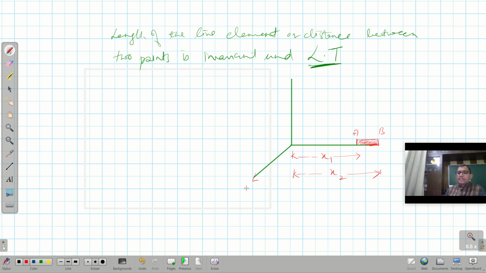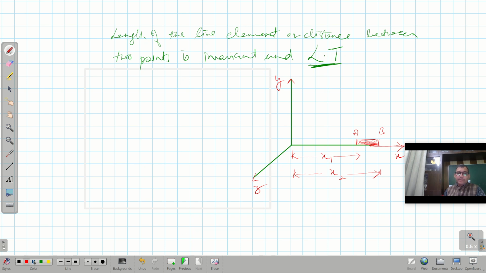It is x-axis, and say it is y-axis, and z-axis, so it is xyz.